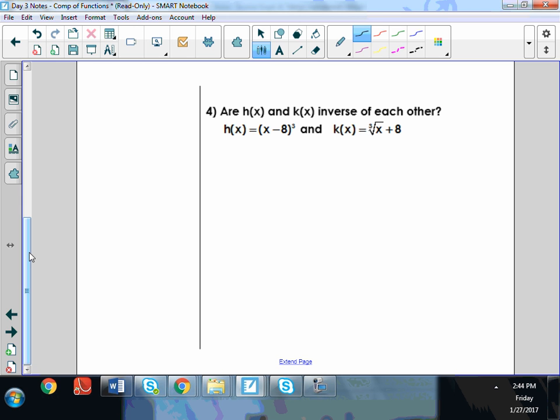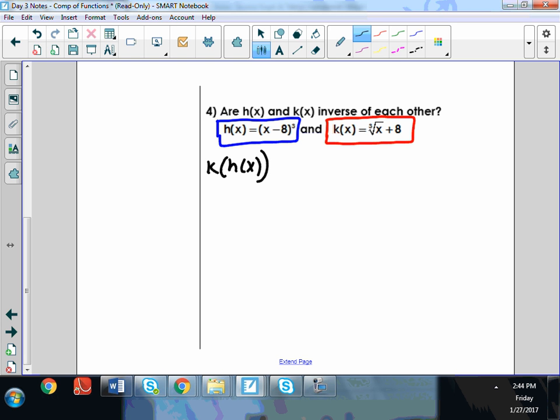The last one. What kind of functions are these? Anybody know what kind of functions they are? We talked about them a little bit yesterday. Yeah, they're cubed and cubed root. So the first one we're going to find is k of h of x.